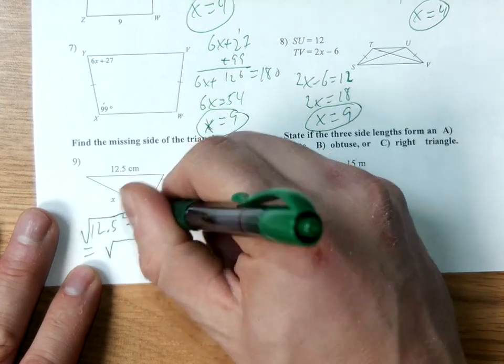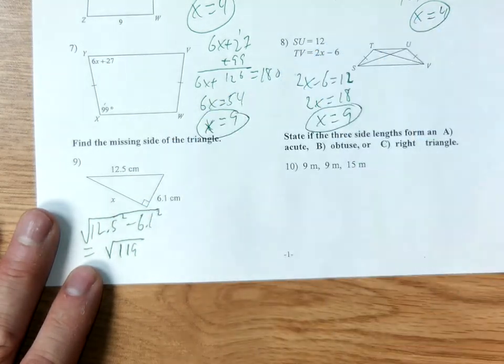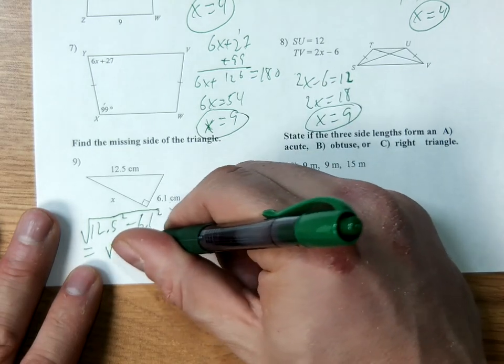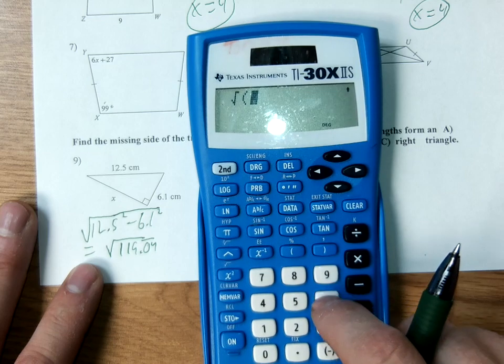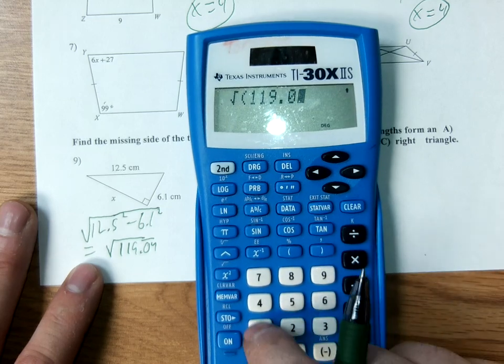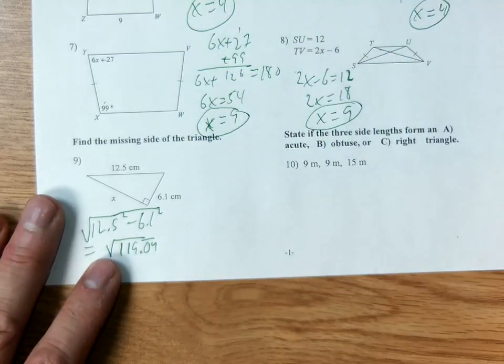I'm going to square root it to get my answer. The square root's above the squared key on the calculator, so make sure you can find it properly. It's about 10 9/10.